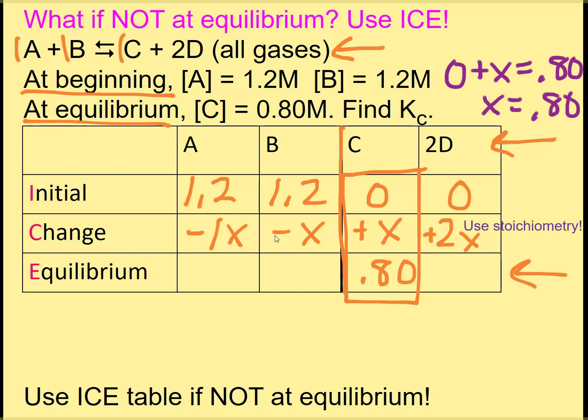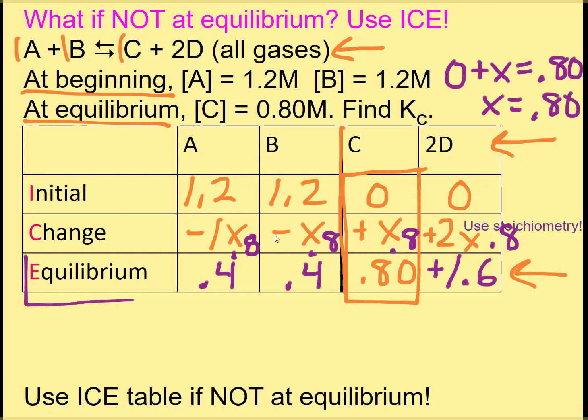So I can go through and substitute 0.8 every time I see an x. That one we already did. So subtracting 1.2 minus 0.8, I'm going to get 0.4 here. And this one's also going to be 0.4. And this one's going to be plus 1.6.